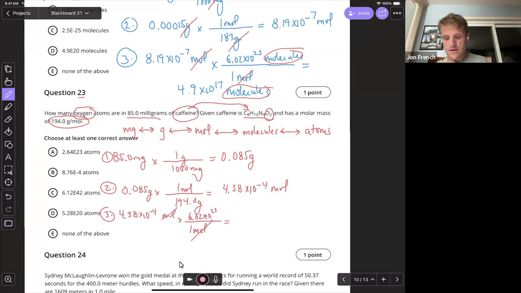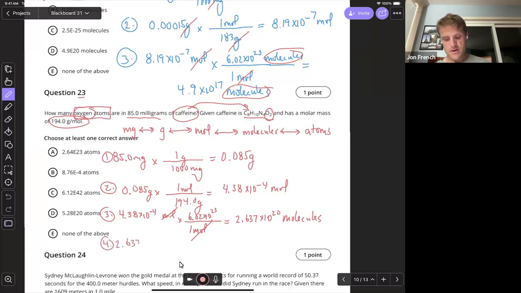Moles cancel out, multiply by Avogadro's number, 6.02 times 10 to the 23, and I get 2.637 times 10 to the 20 molecules. Like Paris suggested, because we're looking for oxygen atoms, the last step would be the last conversion.